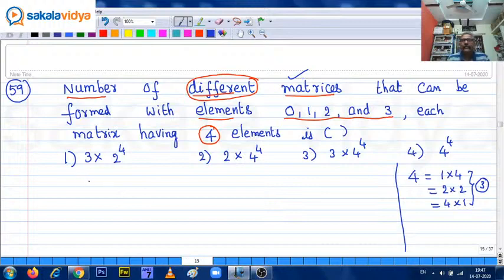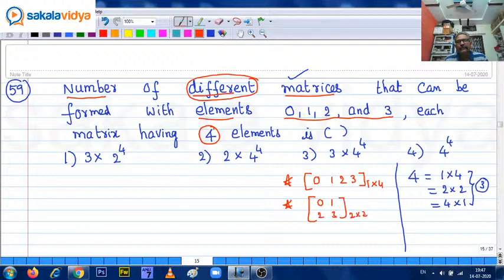So for example, say 1 by 4. 1 by 4 means the matrix will be like this. First type will be like this: 0, 1, 2, 3, 4 places here. This is 1 by 4. Next we can form 2 by 2, with 0, 1, 2, 3.